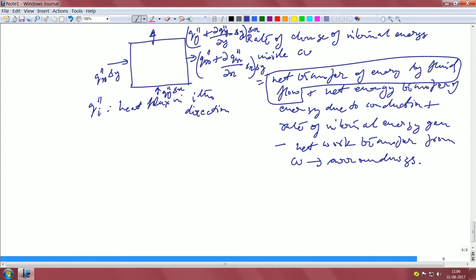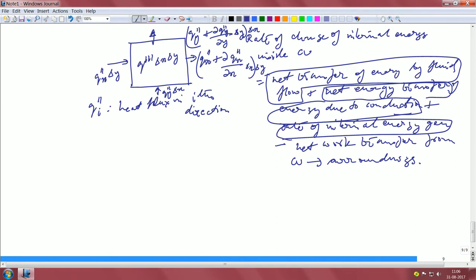And there will be heat generation within the control volume, so that is given by that. We have covered this term, plus the rate of internal energy generation. Generation or dissipation, it can be a sink also, so it can be positive or negative.